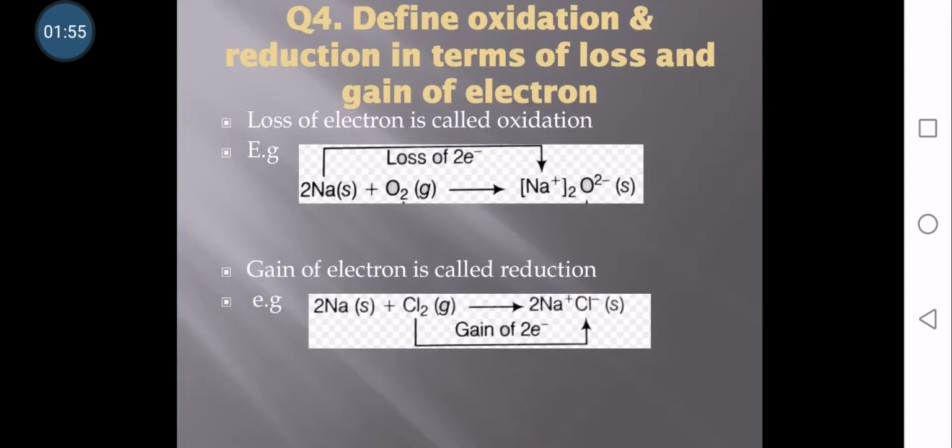Define oxidation and reduction in terms of loss and gain of electrons. Loss of electrons is called oxidation and gain of electrons is called reduction.